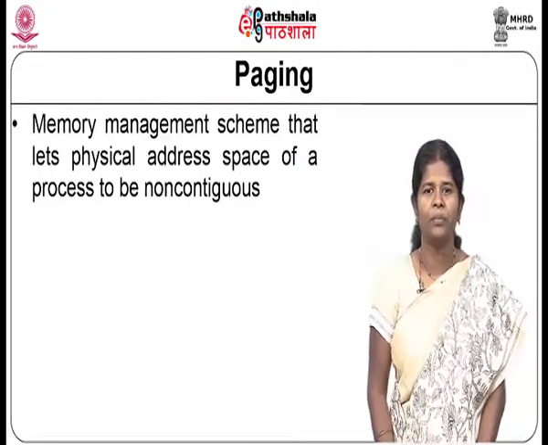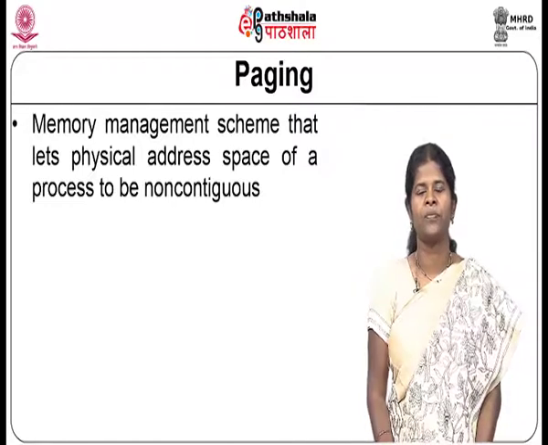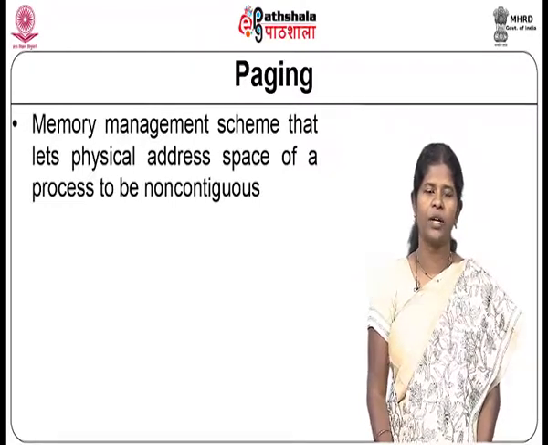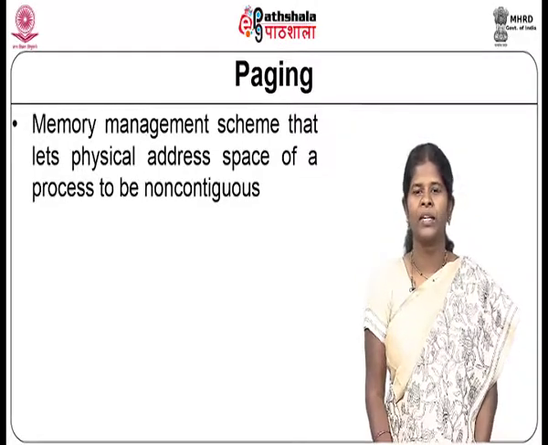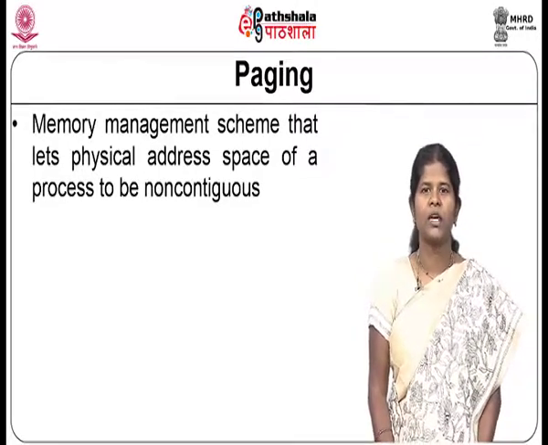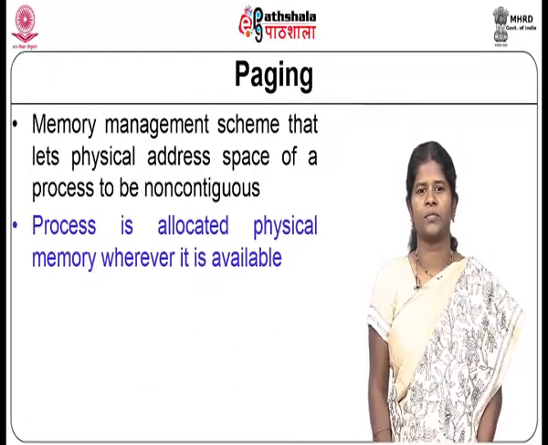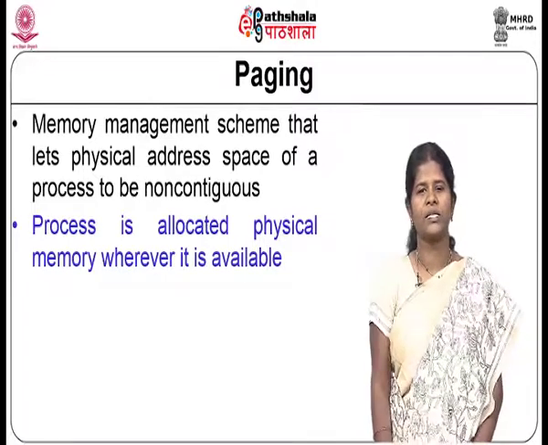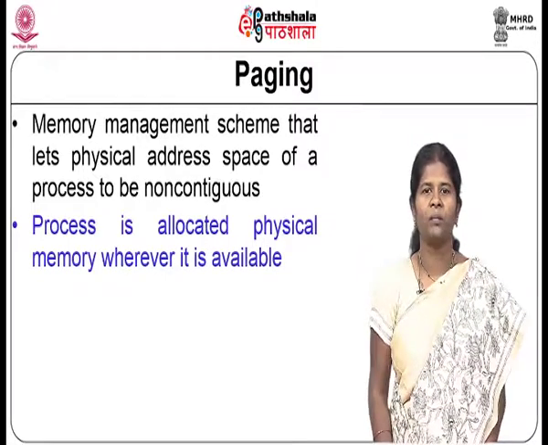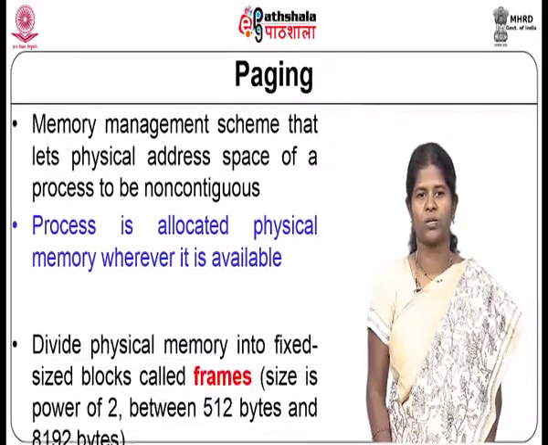So, it will help the physical address space of the process to be non-contiguous. That is, your process is not put as a whole into the physical memory, into the main memory. It can be broken into pieces and can be put into the physical memory. So, the process can be allocated the physical memory wherever it is available. It need not be one big hole where you need to accommodate the entire process.